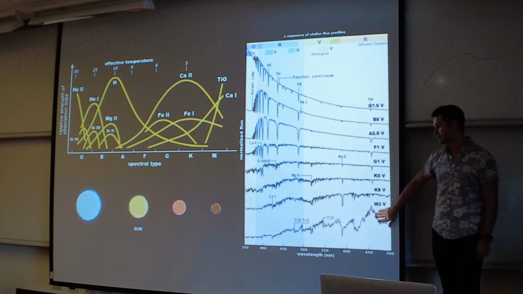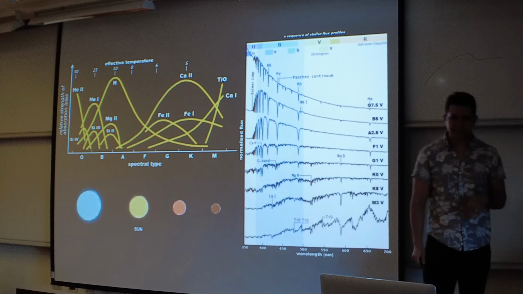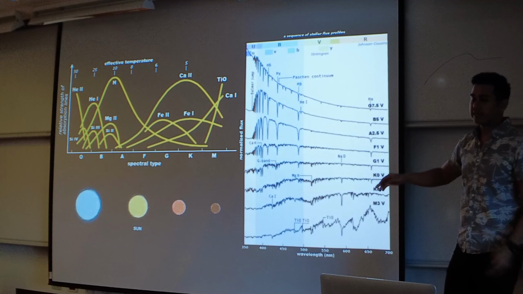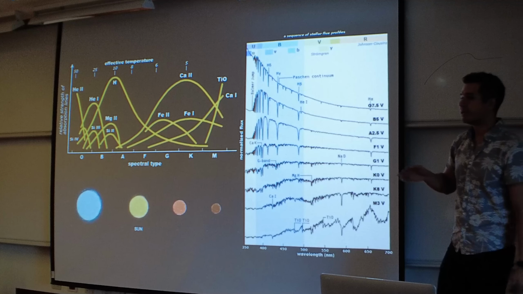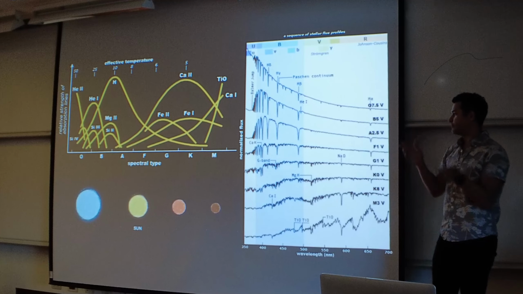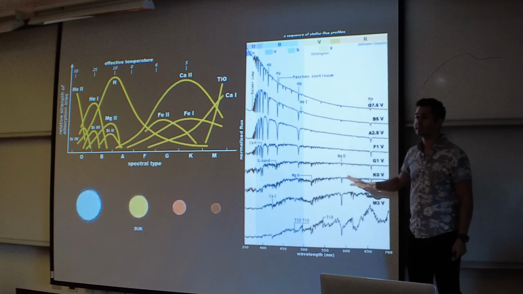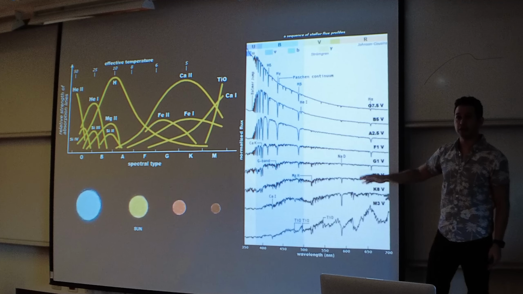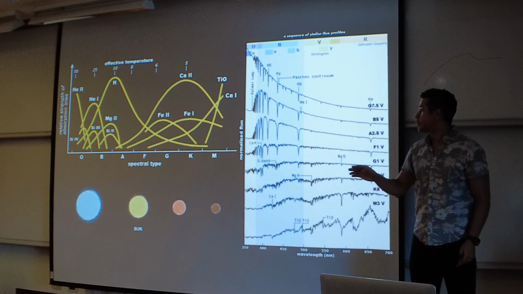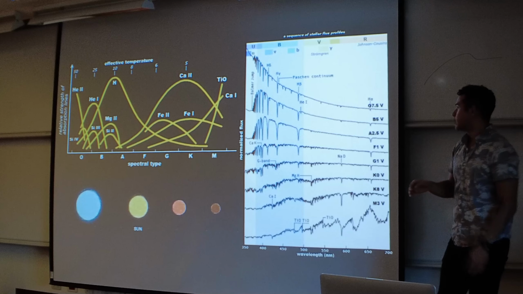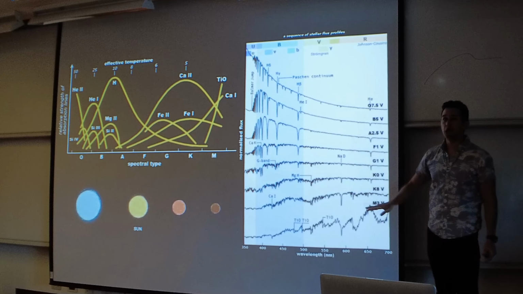3,500 Kelvin. Okay, and something that is very important is that for about 100 years we have developed this spectral classification system, and because of the technology available, it was mainly determined in the optical.